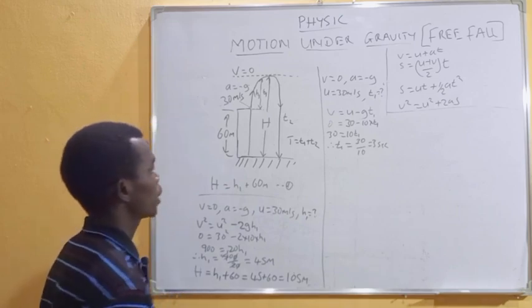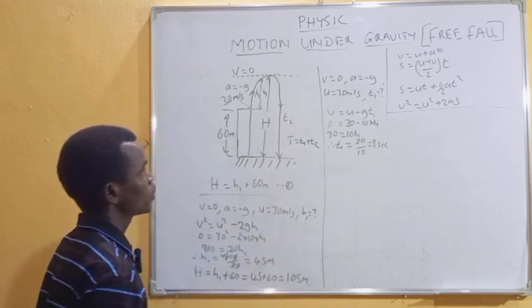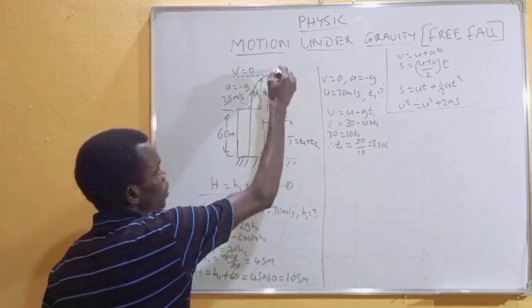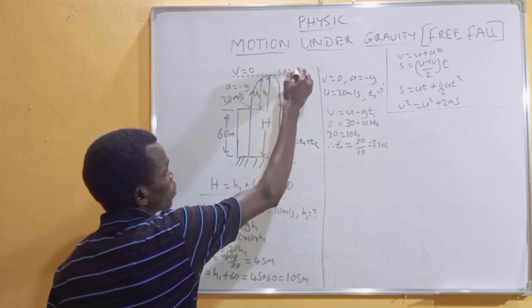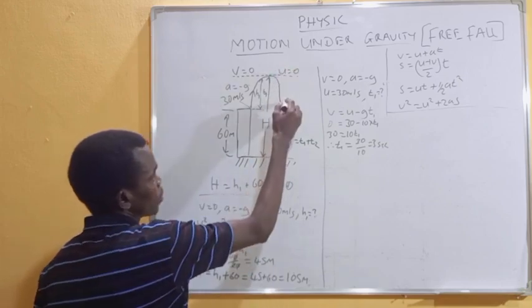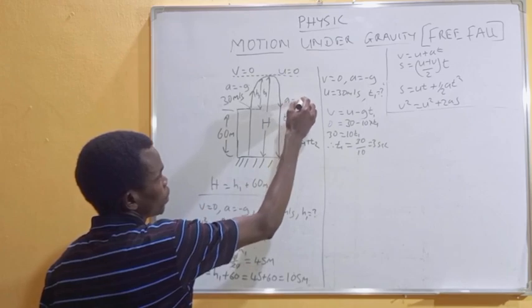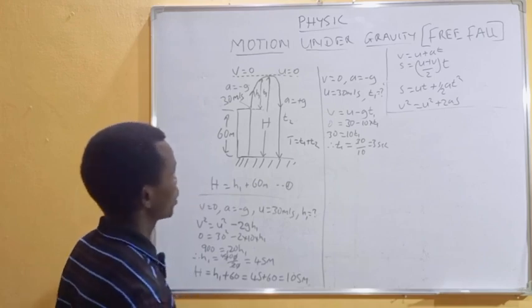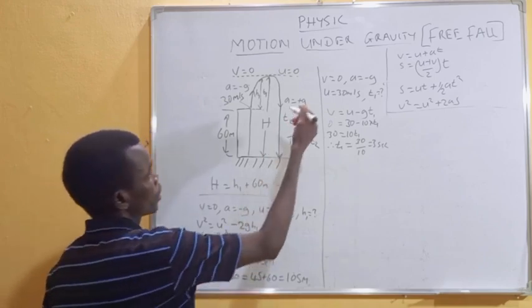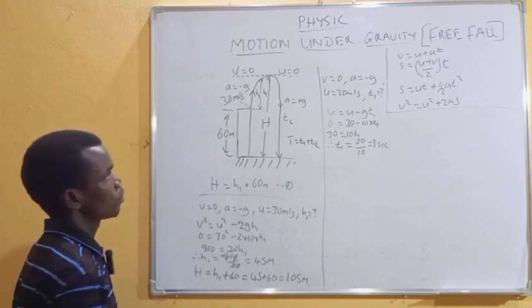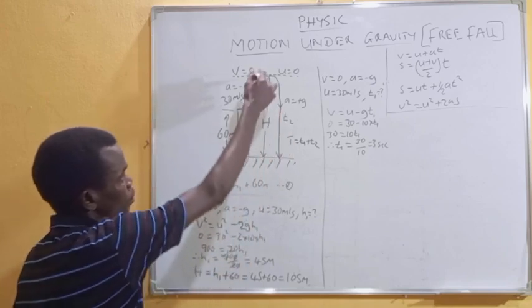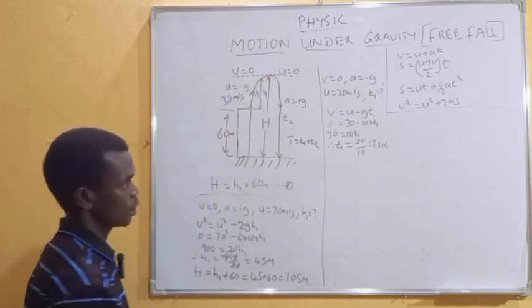And for us to consider T2, we know that when an object is returning from the highest point, the initial velocity is equal to 0. And acceleration will be positive g because it's coming downward. From here now, we can find our T2 from this given value. And we have the height from the highest point to the ground state.